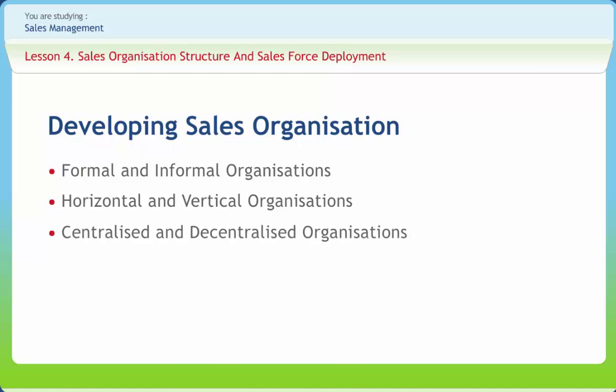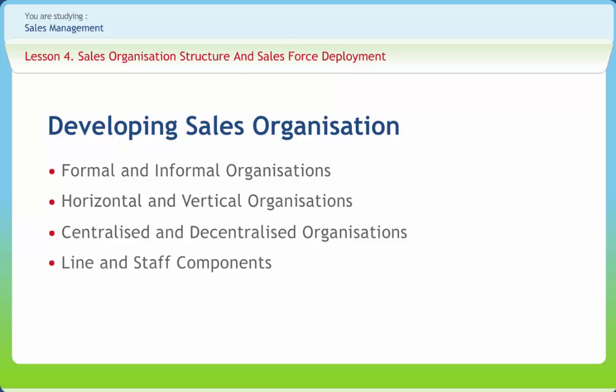In a centralized sales organization, the responsibility and authority for decisions are concentrated at higher levels of management, while in a decentralized organization, responsibility and authority are delegated to lower levels of sales management.